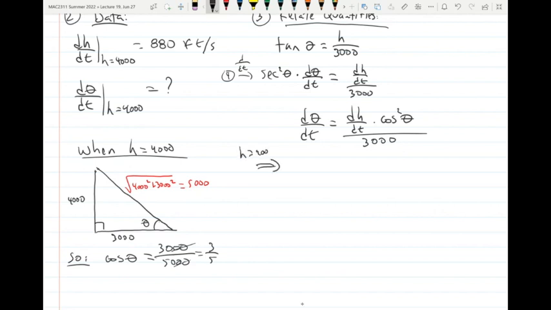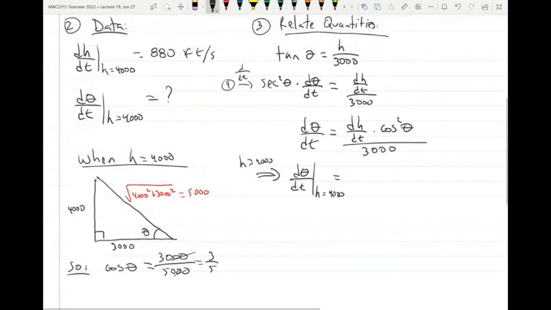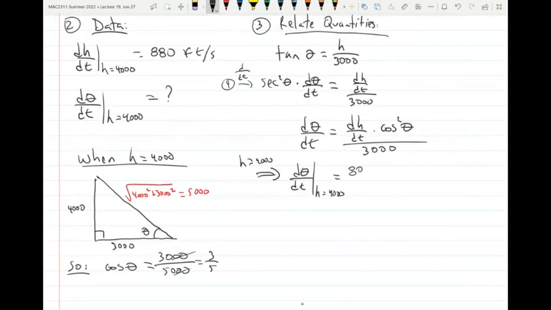So when h is 4000, we get the d theta dt evaluated at this point in time is going to be dh dt at that moment, which is 880, times cosine, we figured out, is 3/5. So that's cosine squared over 3000.